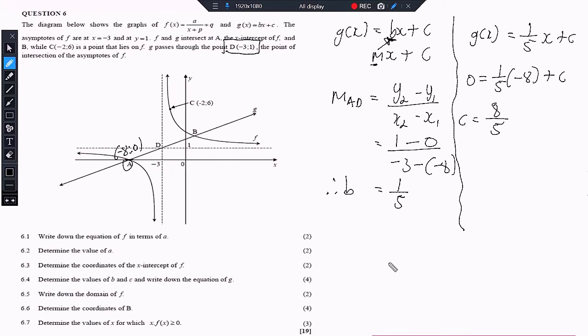So in other words, writing this now as an equation of g, it is supposed to be 1 over 5 x plus 8 over 5. Right. And that's how you are supposed to write that.